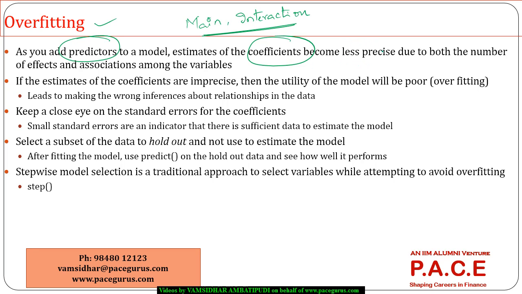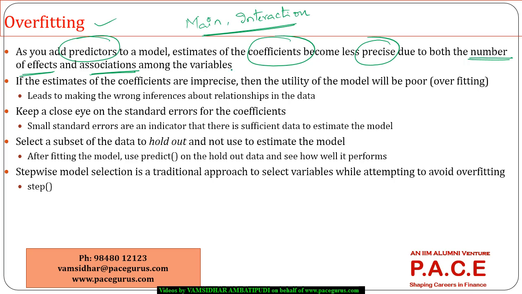So the precise nature of the coefficients will typically go off. The number of effects will typically increase, associations increase, but the precision gradually keeps going down.